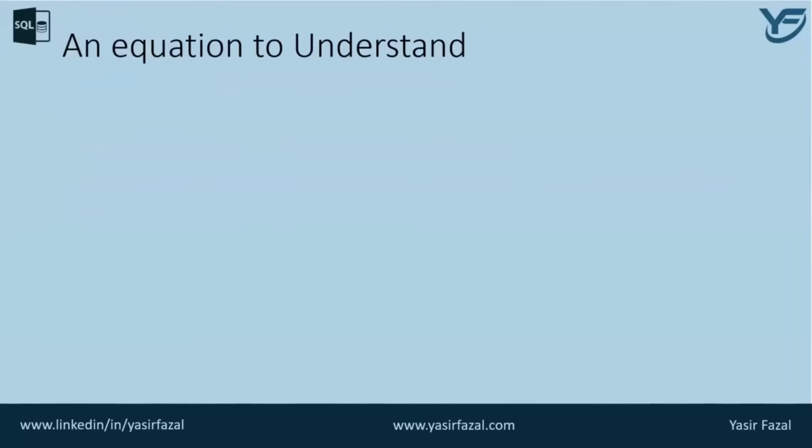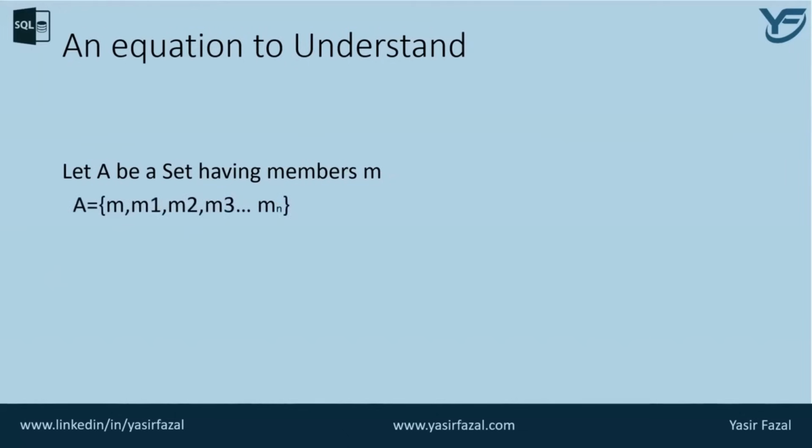Let's move towards the more mathematical form for defining the set. If I say I have a set A and it has various members M, how can I write that? I will simply write A, the set name, equals, and I will write down the members enclosed in curly braces.